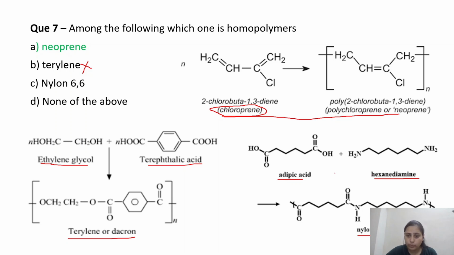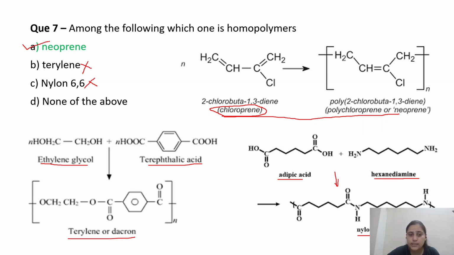These two monomers undergo condensation polymerization and form nylon 6,6. Due to having more than one monomeric unit, it cannot be a homopolymer. So neoprene is the correct answer.